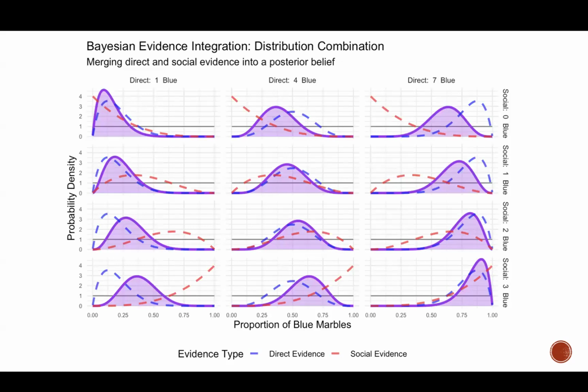Here we can see, I can't remember who went through this slide, but basically we can see in red the social evidence, in blue the direct evidence, and we can see how they combine, right? You can see on the top left, we have that the direct evidence says 1 blue marble compared to 8, and the social evidence says 0 blues, right?